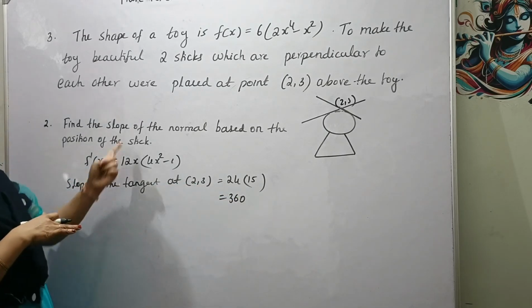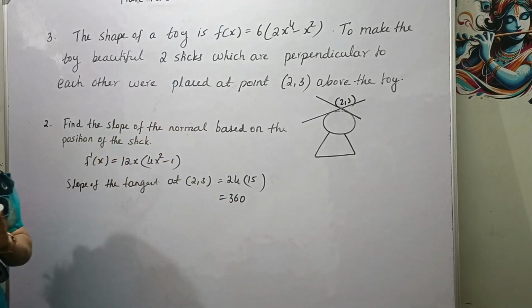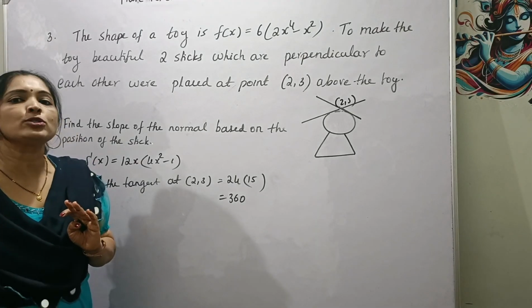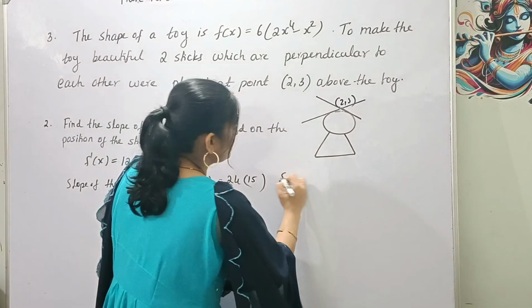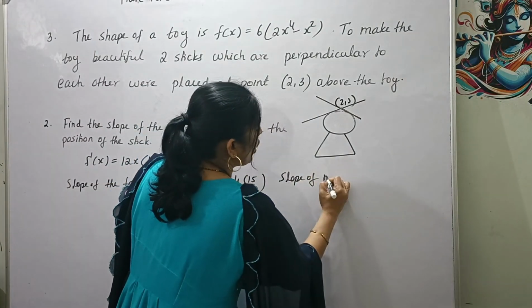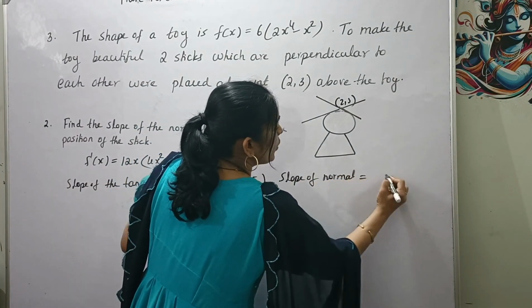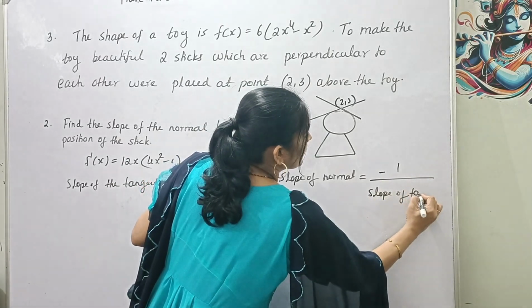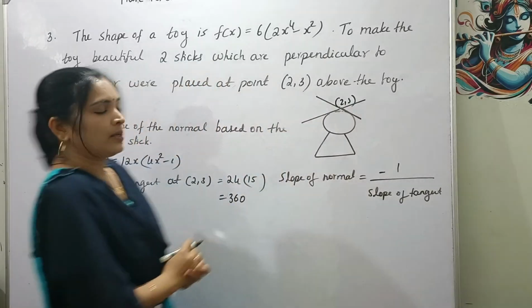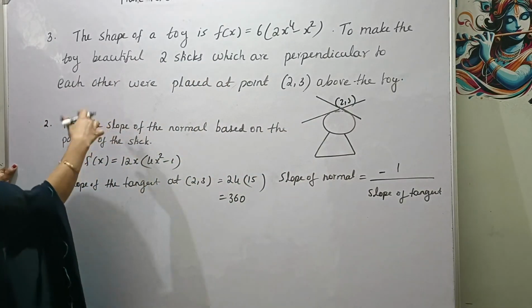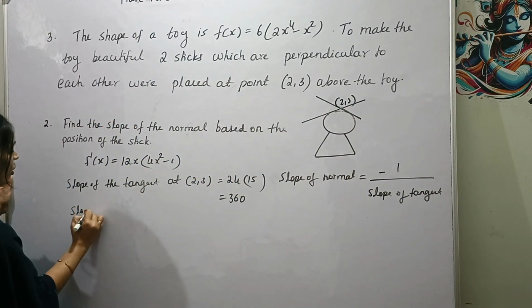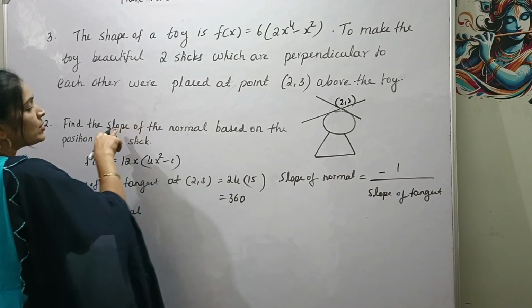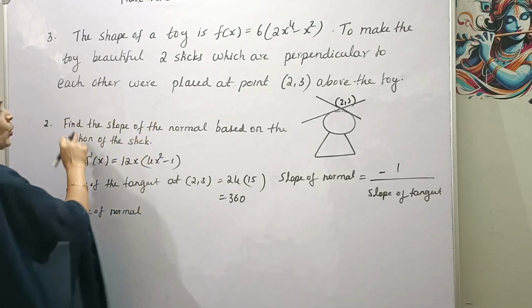Then what is the slope of the normal? We know that slope of the normal is equal to minus 1 divided by slope of the tangent, right? Therefore, here we have to find the slope of the normal. See, it is mentioned slope of the normal based on the position of the stick.